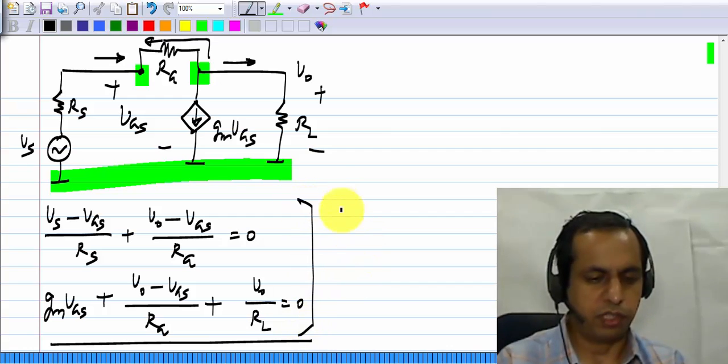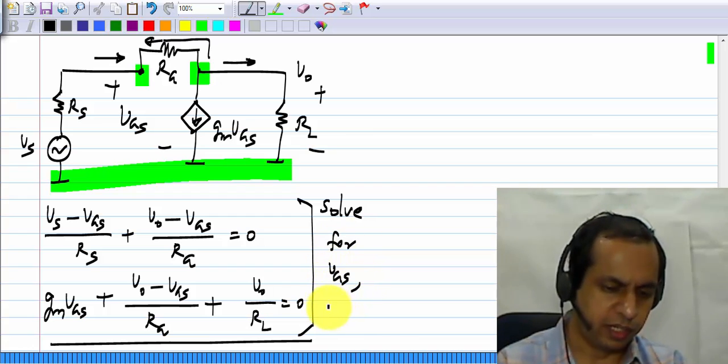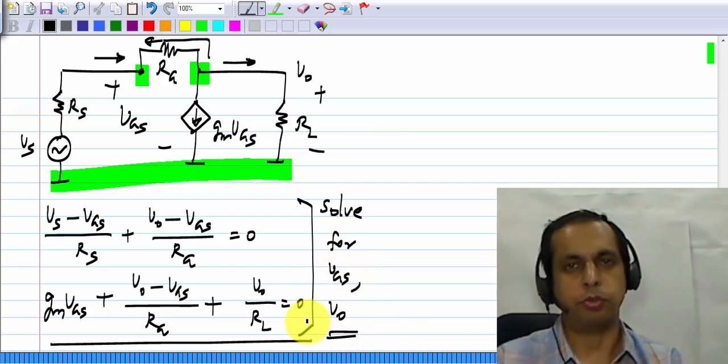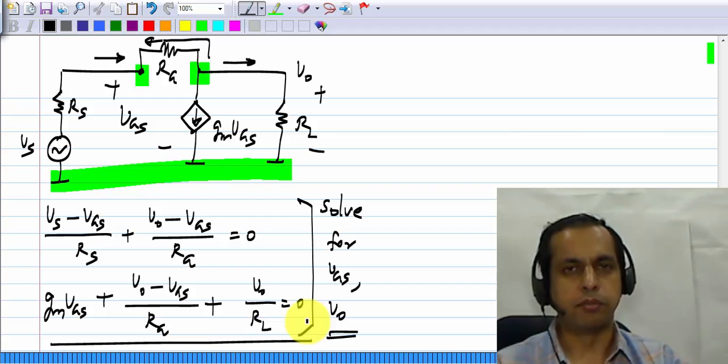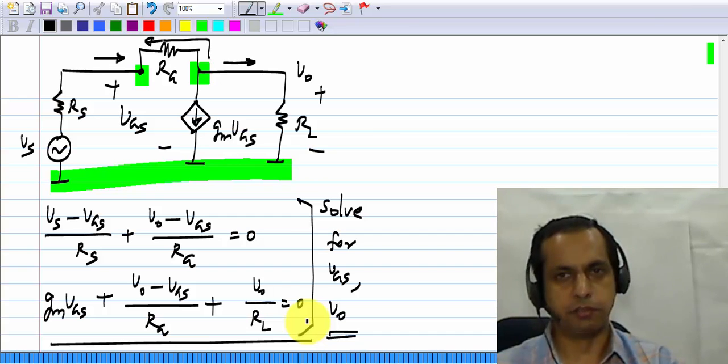And we have to solve this system of linear equations for VGS and VO. The output voltage is VO. Okay. Now please solve this for yourself. I am going to just write down the answer. I am not going to go through the steps of eliminating the variables and all this stuff.